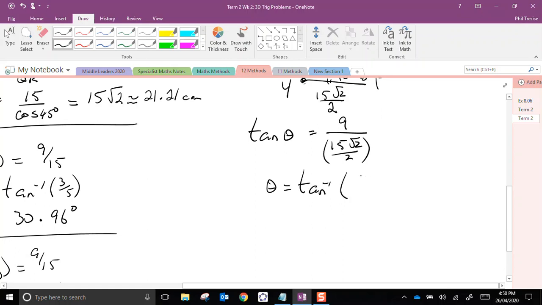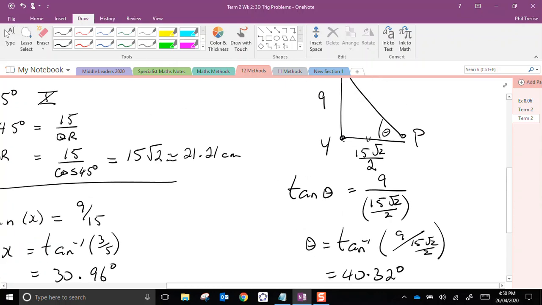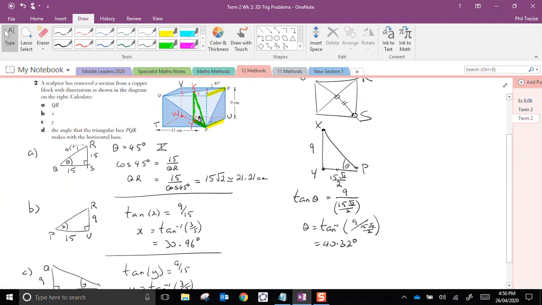The inverse tan of whatever this comes to, let me just check, I did this before I started, it's 40.32 degrees. Now, that last bit at least was a little bit more challenging, so that's part D just over here.